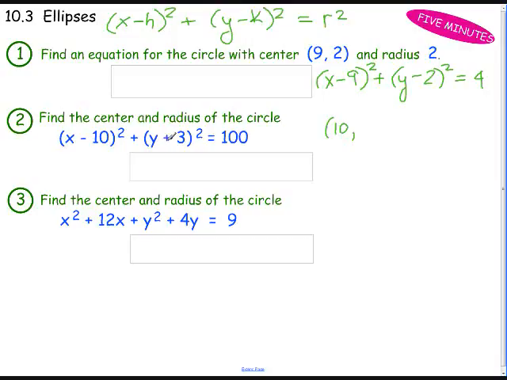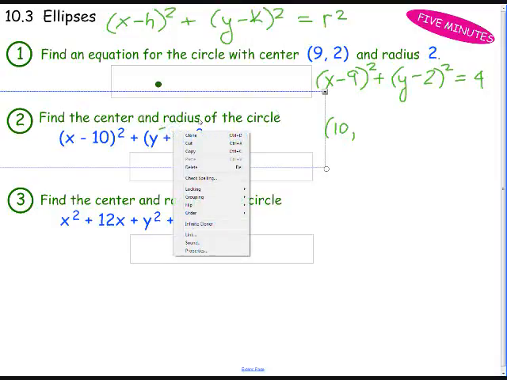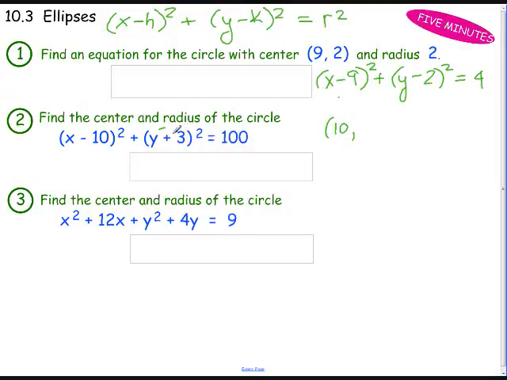And y minus a negative 3 is the only way we'd get this, so this must be a negative 3. It's equal to r squared, so we take the square root of this, and we know that r is equal to 10.